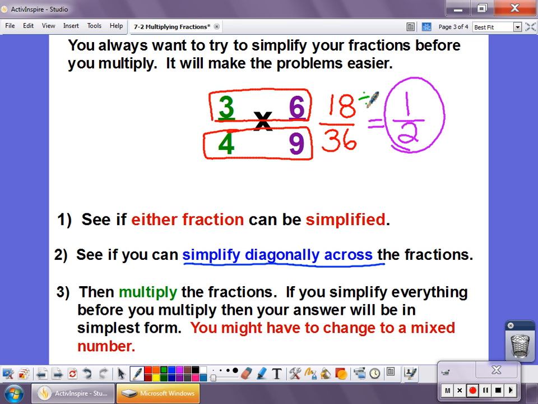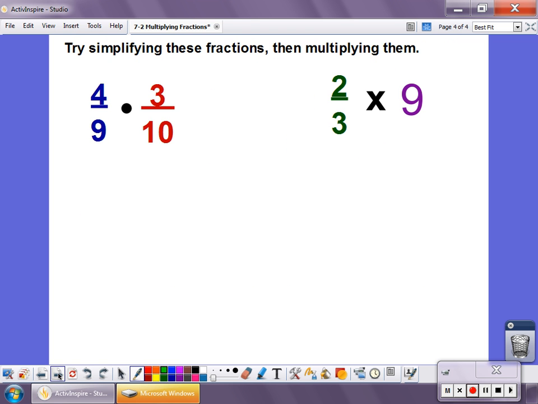If I divide 18 by 18, I get 1. If I divide 36 by 18, I get 2. So you can see that we're going to end up with the same answer whether we simplify beforehand or after. It's just that it makes it easier on us if we simplify beforehand because our numbers don't get as big.